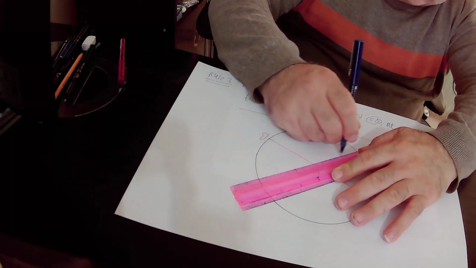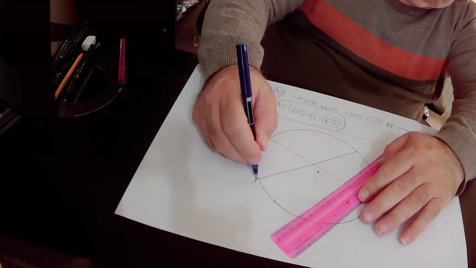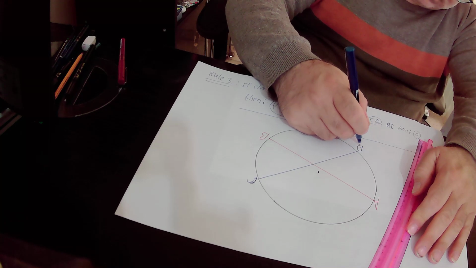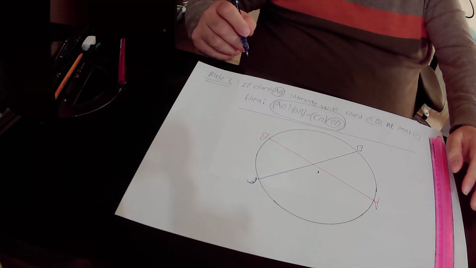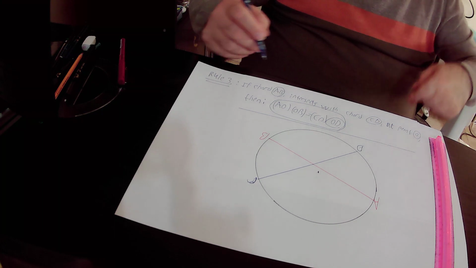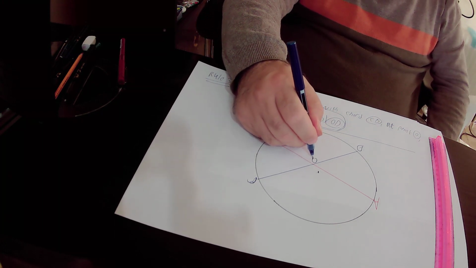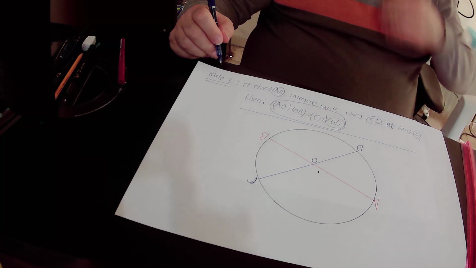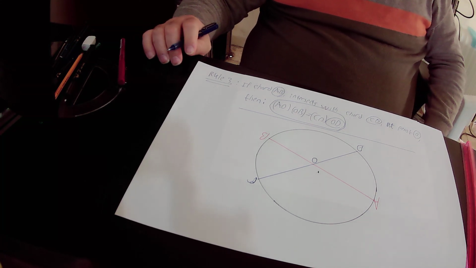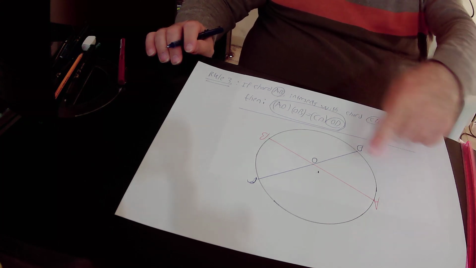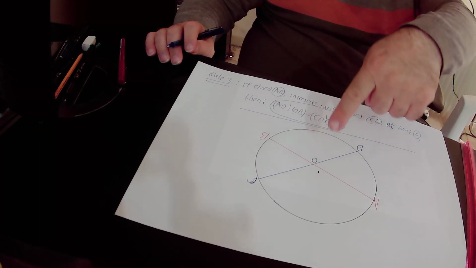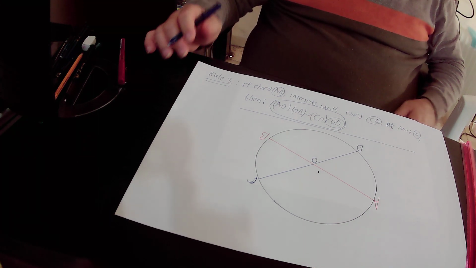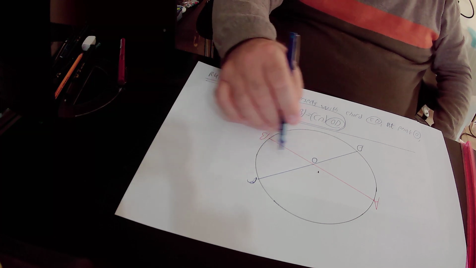This is chord CD. And the intersection point between chord AB and chord CD is at this point, point O. Then, according to rule number 3, we will get that AO times OB equals CO times OD. Okay, again, AO times OB equals CO times OD.